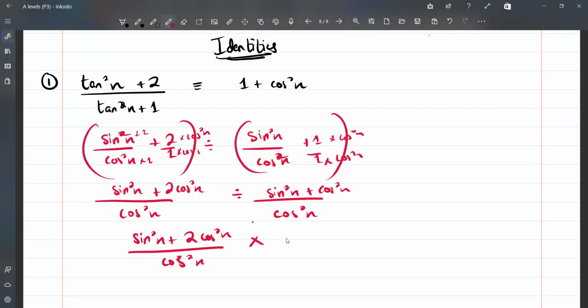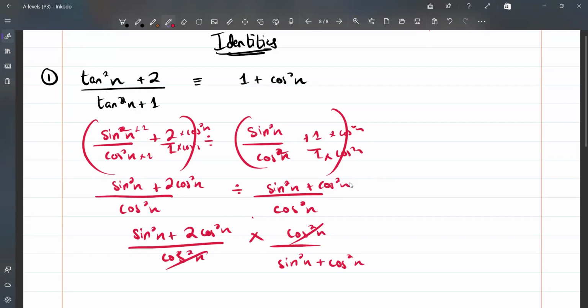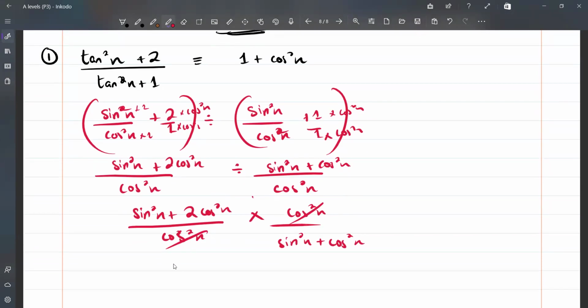We will reciprocate this. Sine square x plus cos square x. This and this cancel out, and we are left with sine square x plus 2 cos square x upon sine square x plus cos square x.